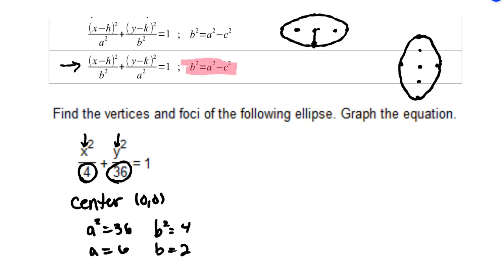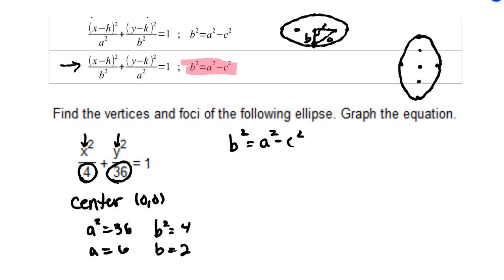So with b and c, and then going across here ends up being a with a little bit of figuring out. So you end up having a right triangle, and it gives us a relationship between a, b, and c with the Pythagorean theorem. So using b squared equals a squared minus c squared, we can solve for c.